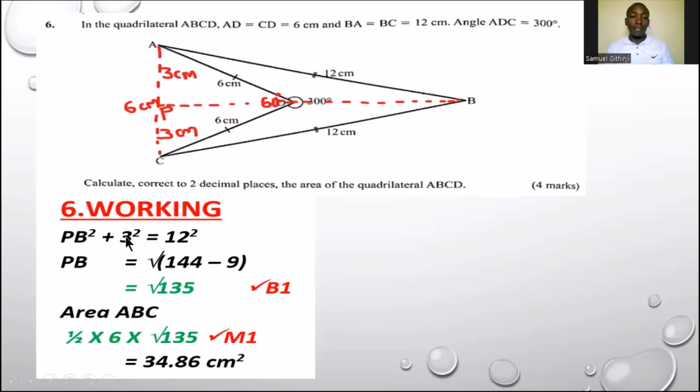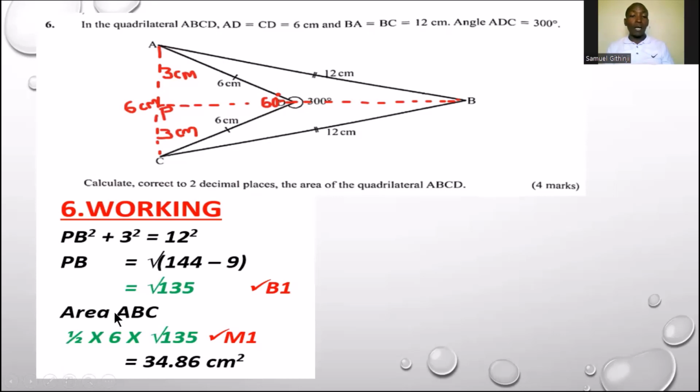PB squared plus 3 squared equals 12 squared, the hypotenuse. You can see the hypotenuse there, my student. By doing that, finally I end up with PB. I can leave it in surd form. That is the square root of 135. Yes, okay, just leave it as that for one bonus mark.